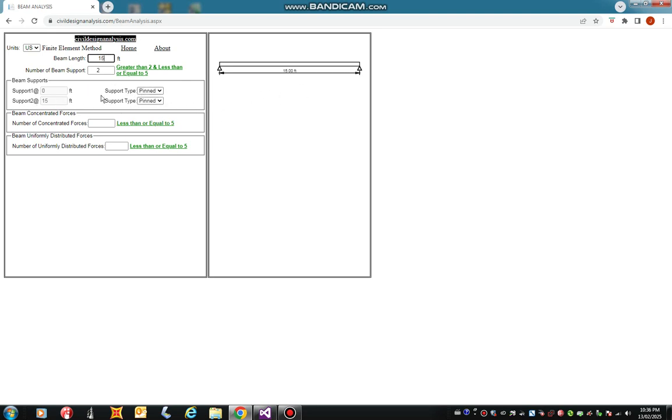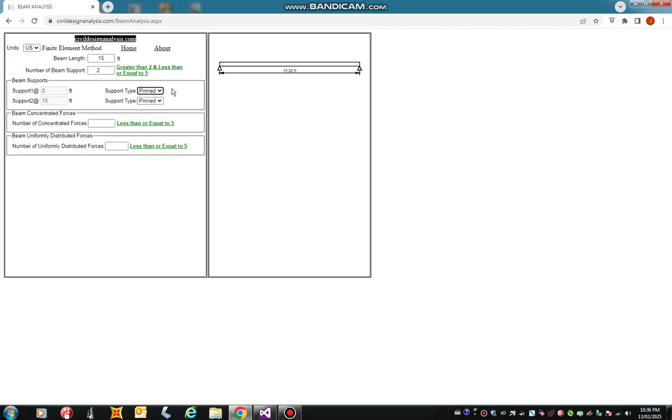If you look at the support type, this is pin by default. You can change it to fix, and you can also put it to free. But be careful with free, you might be making the beam unstable.